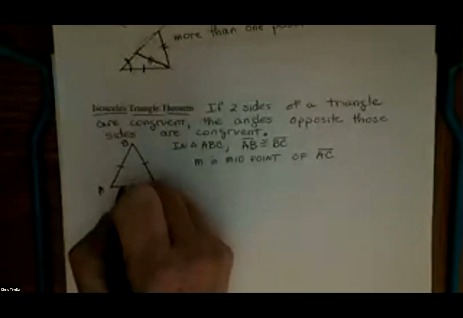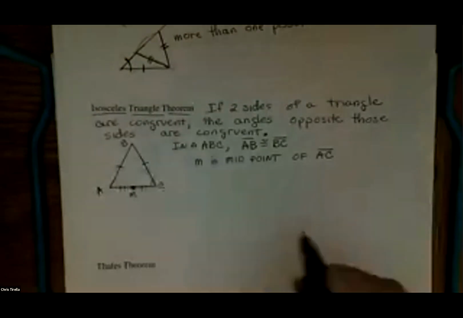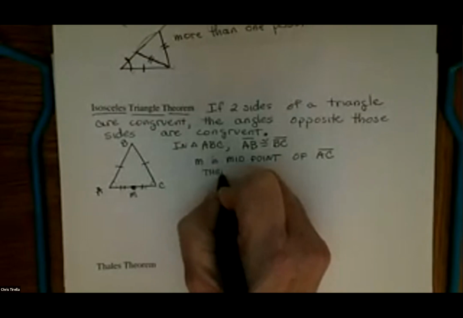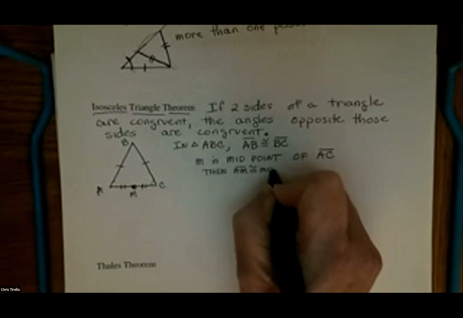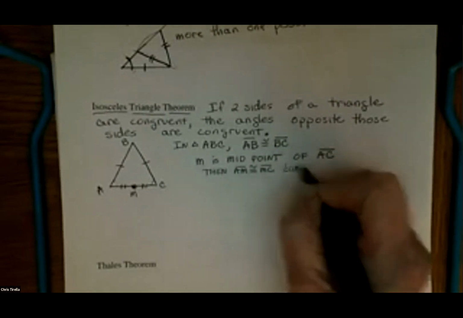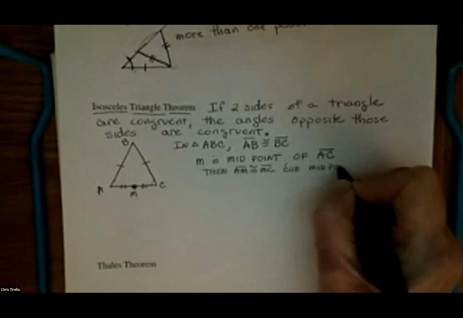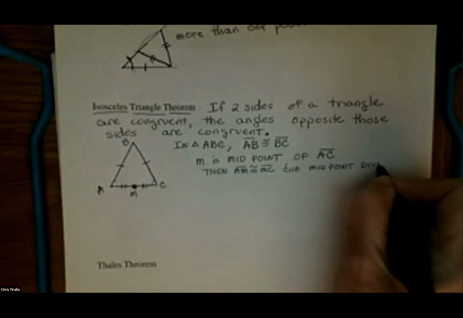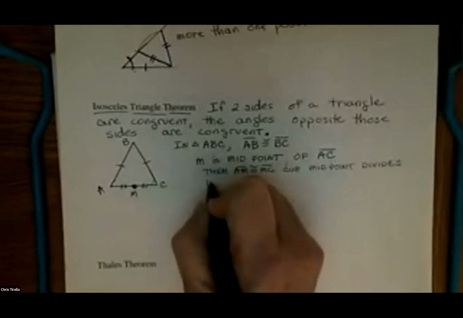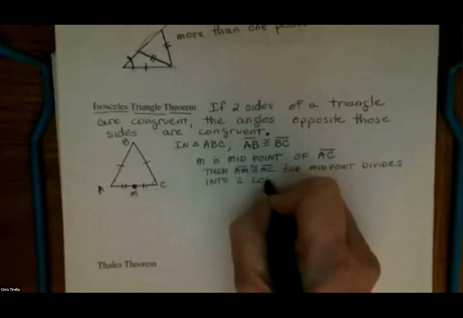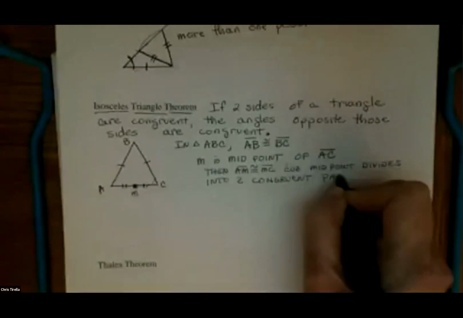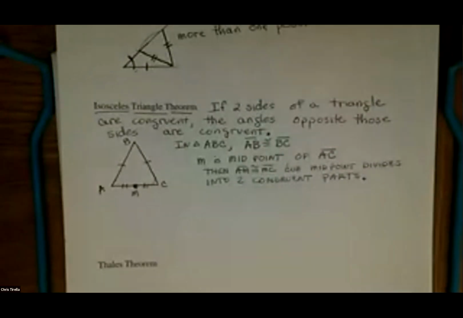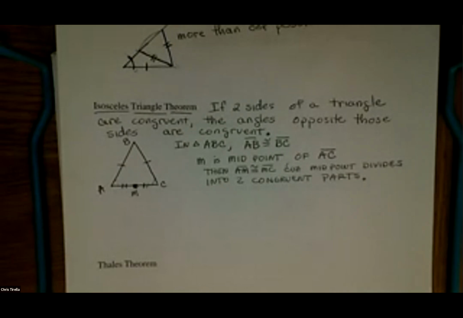So can I say that if M is the midpoint of AC, then AM has to be congruent to MC because a midpoint divides it into two congruent parts. So far, so good. Yes.